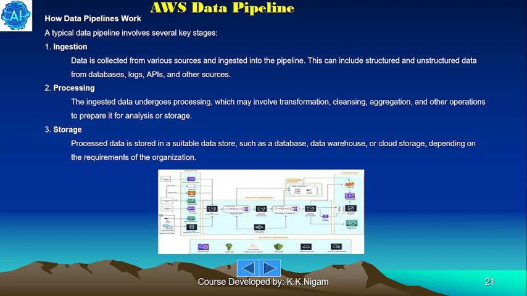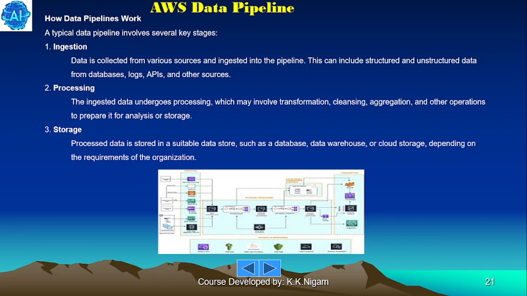How data pipelines work. A typical data pipeline involves several key stages. Ingestion. Data is collected from various sources and ingested into the pipeline. This can include structured and unstructured data from databases, logs, APIs, and other sources. Processing.